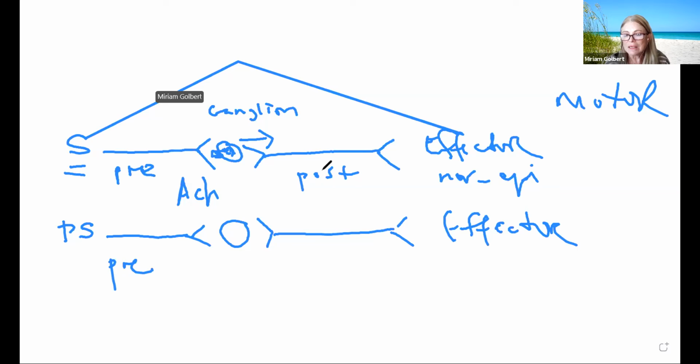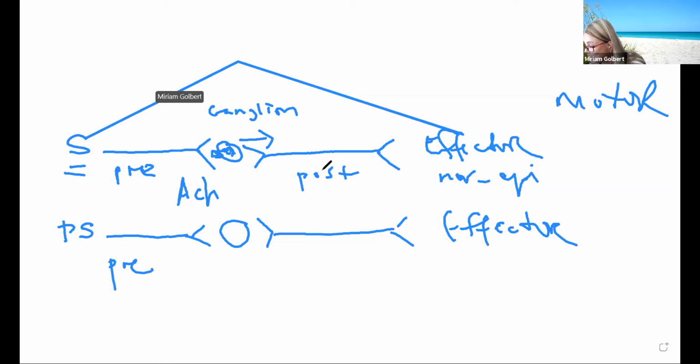Some of you said the postganglionic is right on the effector, and pretty much so. They're right on the effector, very close. So that postganglionic fiber is going to be shorter. They're close to the effector. So pre is going to be longer, post is going to be shorter because it's right on the effector.